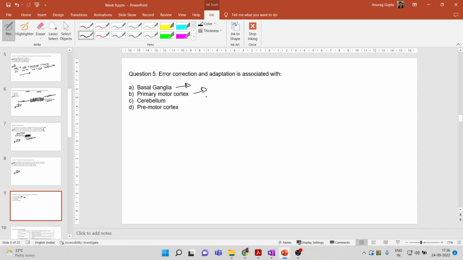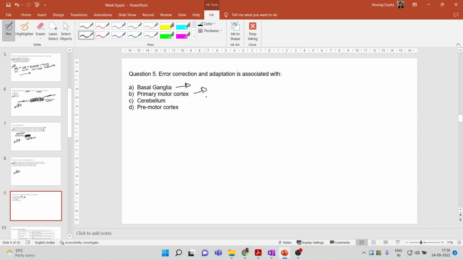the command that is sent by the primary motor cortex might not lead to the exact desired outcome. So we have feedback, and there might be errors in our movements. For example, I'm learning how to play tennis, and I'm learning how to serve.